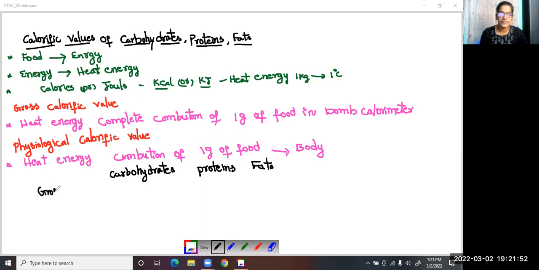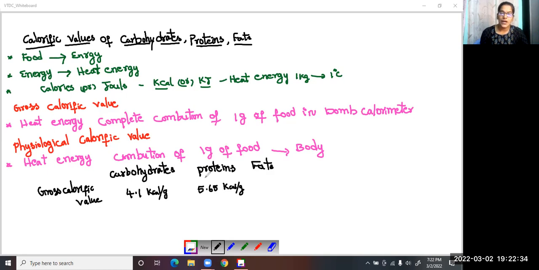The gross calorific value for carbohydrates is 4.1 kilocalories per gram. And the gross calorific value for proteins is 5.65 kilocalories per gram.